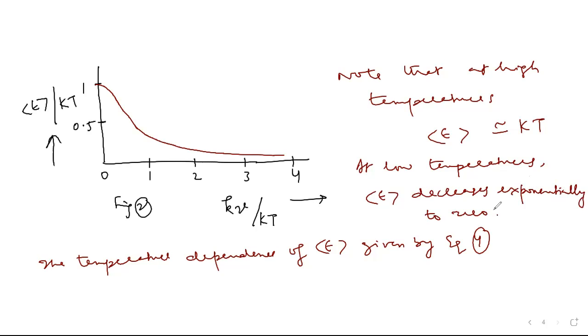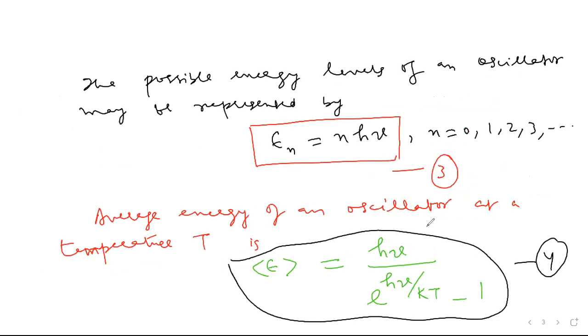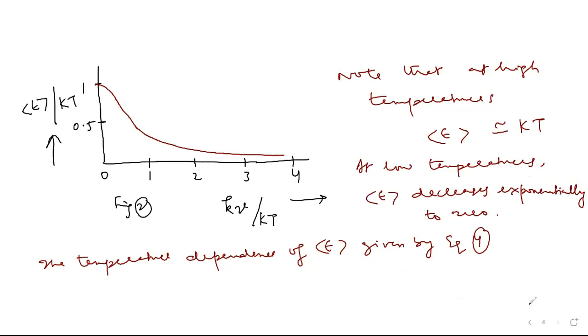Now let us move back to Einstein's theory. So we said now the average energy of the oscillator is this one, equation 4. Now we have to reach the heat capacity.